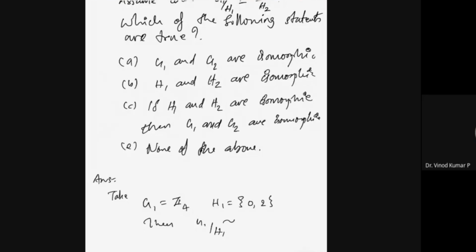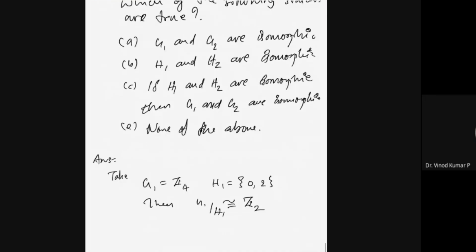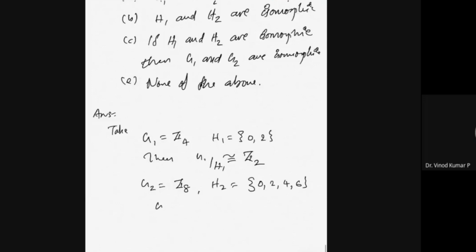It will be a group of order 2, so it will be isomorphic to Z2, right? And if you take G2 to be, let's say, Z8, and H2 to be the subgroup {0, 2, 4, 6}, again G2 by H2 is a group of order 2.